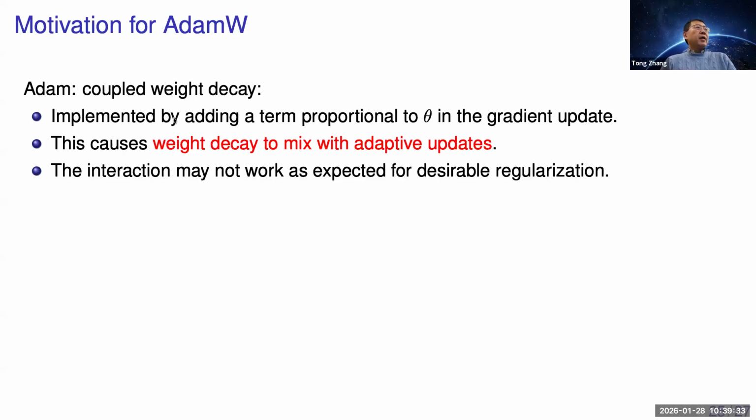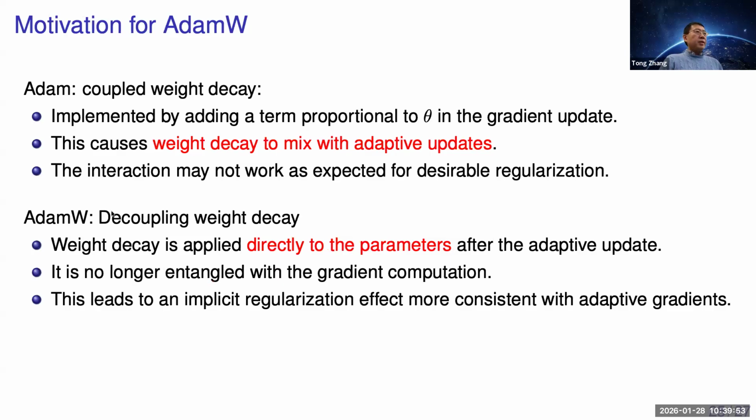Basically, Adam is just naturally using the optimization. Weight decay is mixed with adaptive updates, which causes some coupling, right? Theoretically, it's not as desirable. With Adam, the L2 regularization doesn't really fit well with what Adam is trying to resolve.